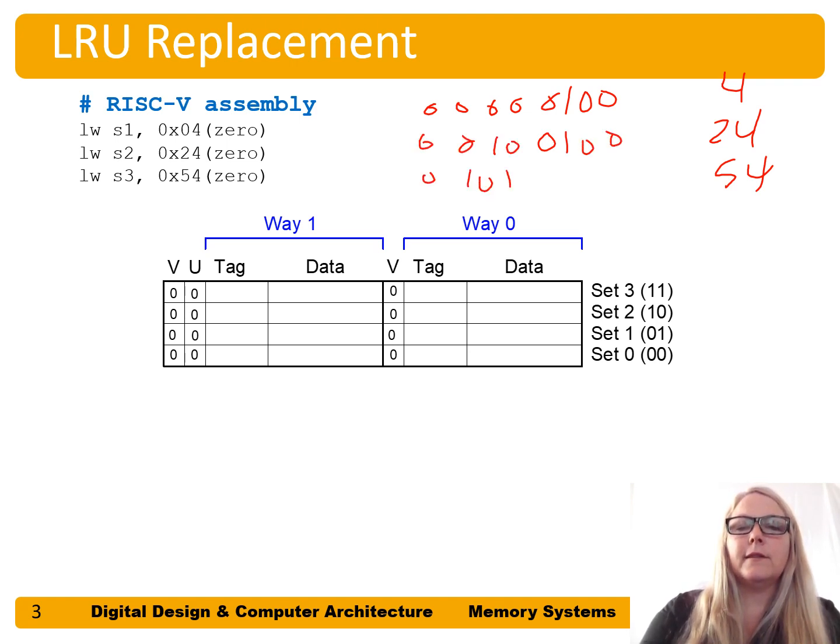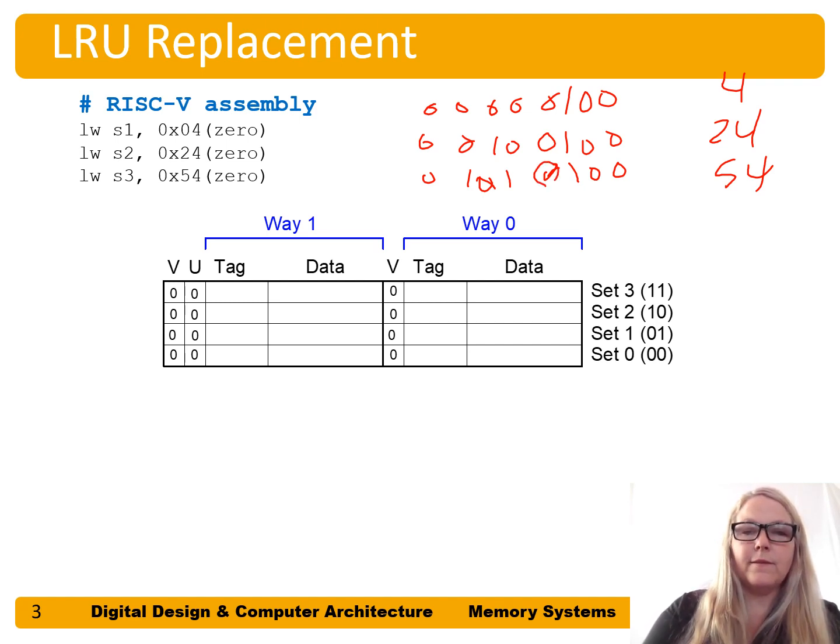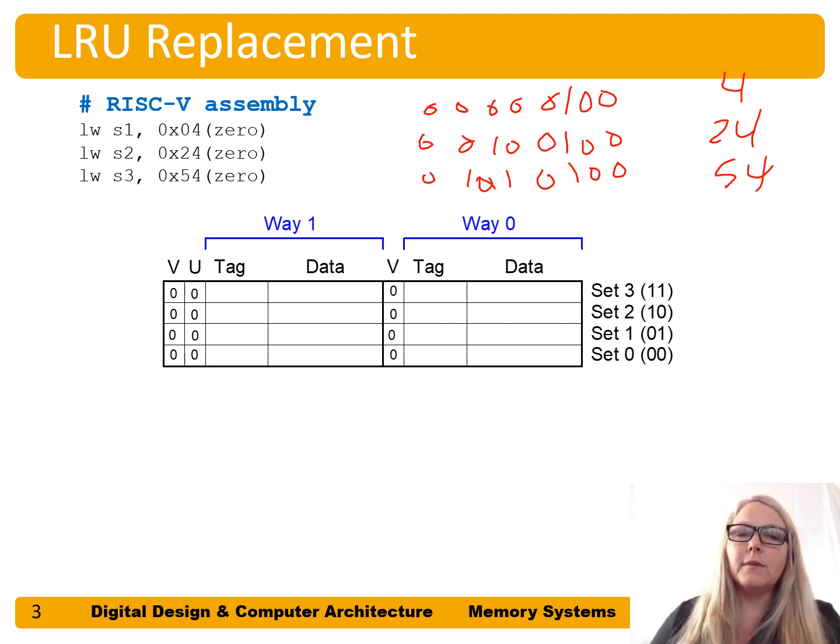We're going to use a block size of just one word. Now let's look at the set bits. We have 4 sets in this case, and so we're going to use 2 bits for the set bits.